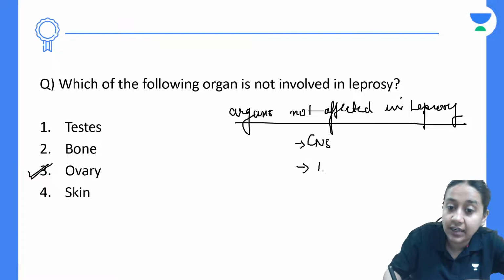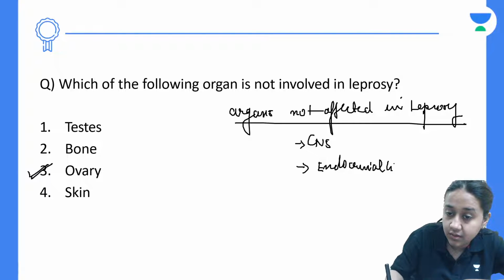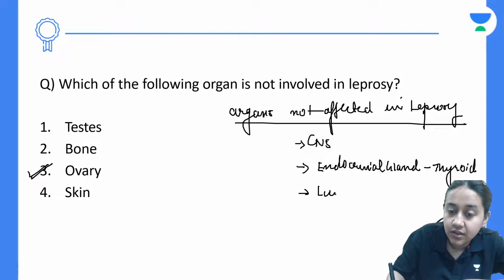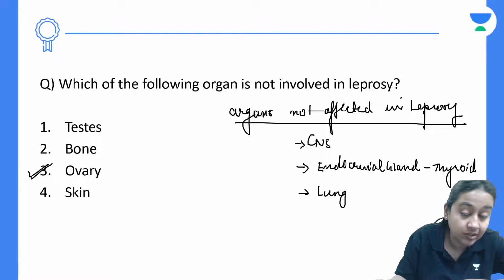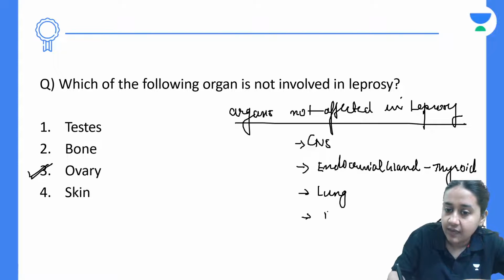Second is the endocrine glands like thyroid, then lungs. Only the upper respiratory tract is involved. The lower respiratory tract is spared. Then blood vessels and heart are not involved.